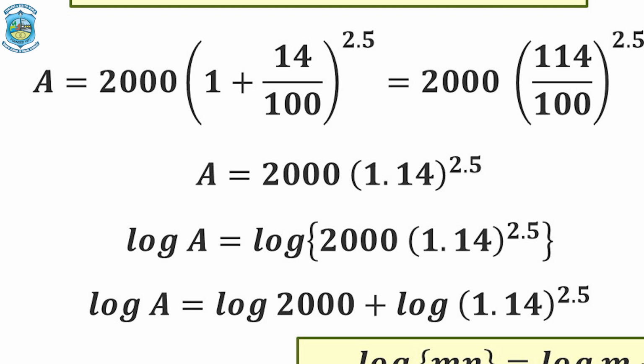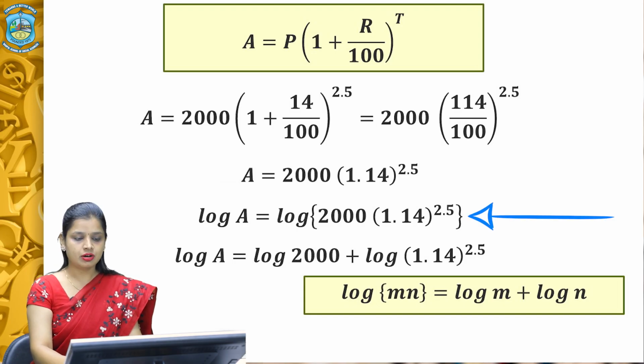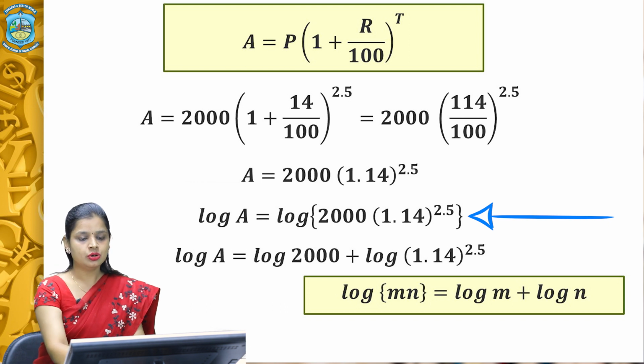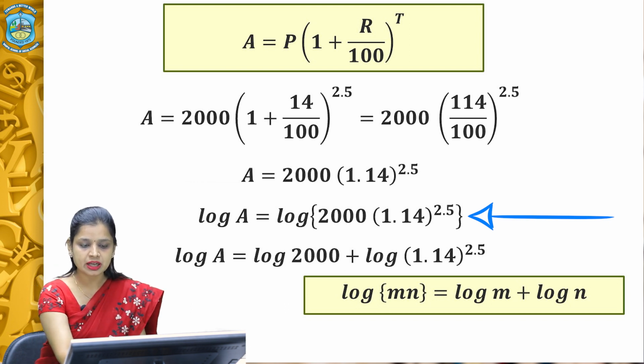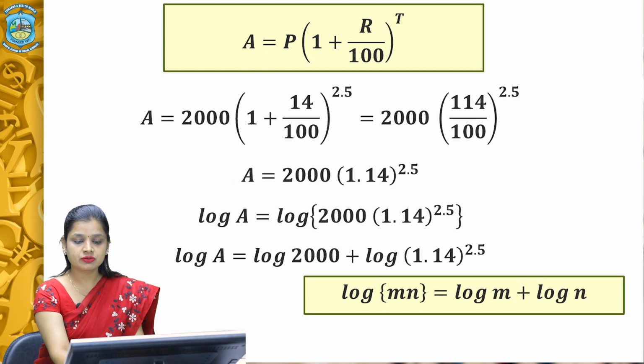Here we see that this power 2.5 is not an integer quantity. Therefore, to solve this term, we must apply the technique of logarithm. We take log on both sides of this equation. We get log of A equal to log of 2000 multiplied with 1.14 to the power 2.5.